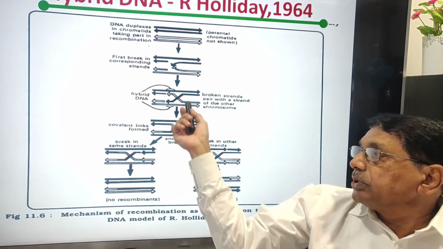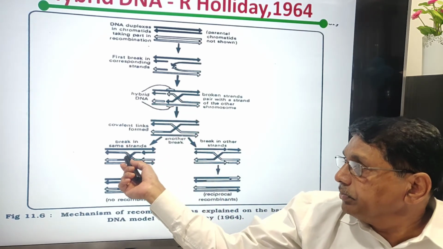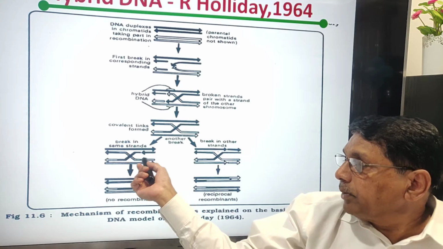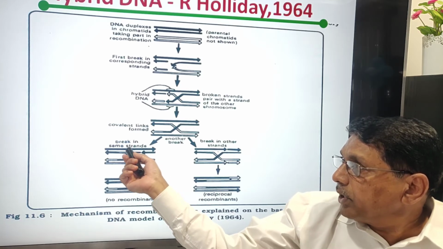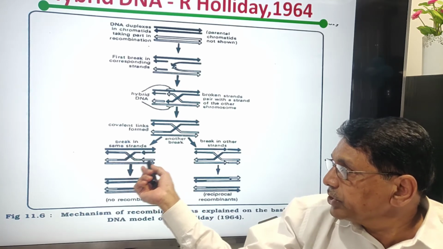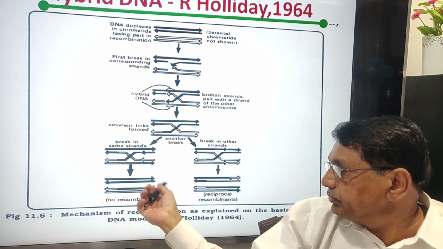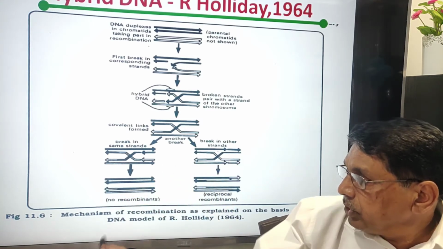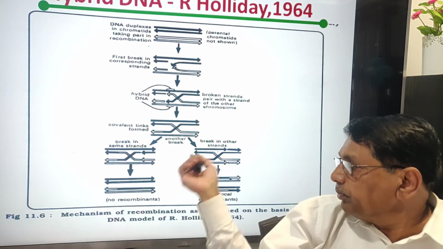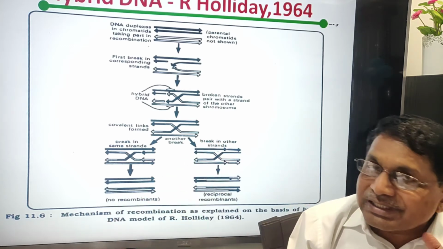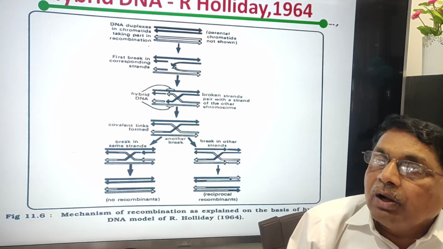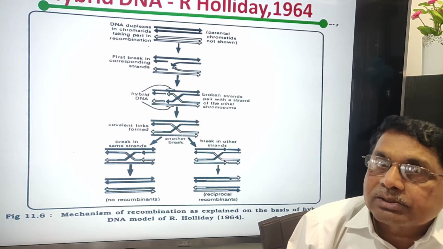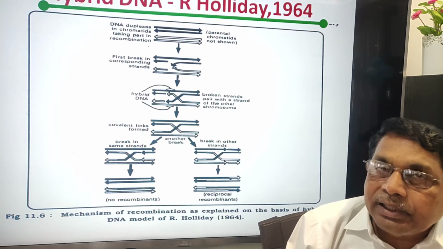Here you can see these exchange points. Then what happens? Sometimes the new strands are synthesized. No recombination here, but here recombination. So this explains how crossing over takes place at molecular level, at DNA level.